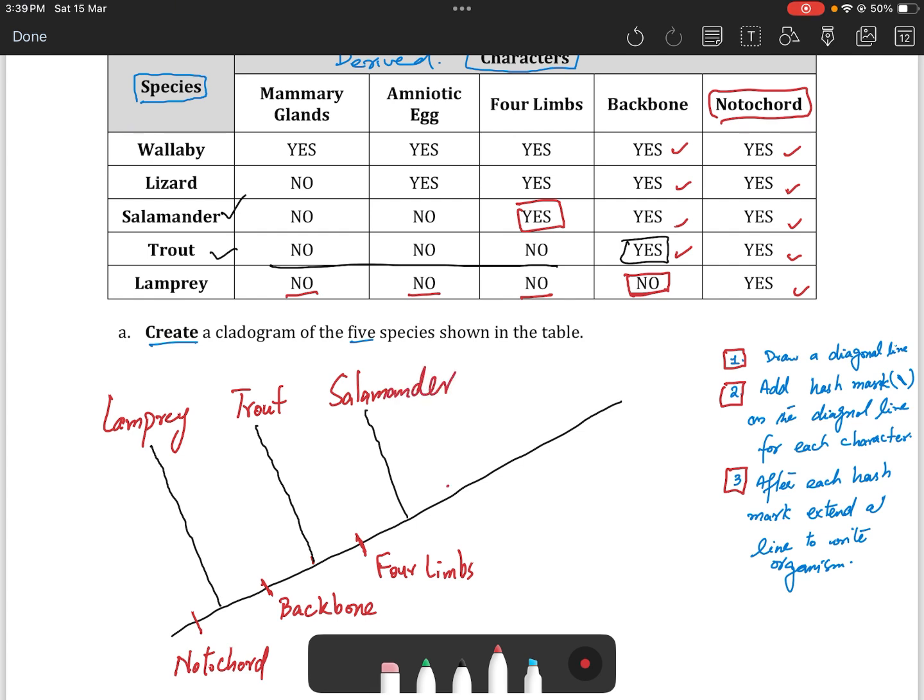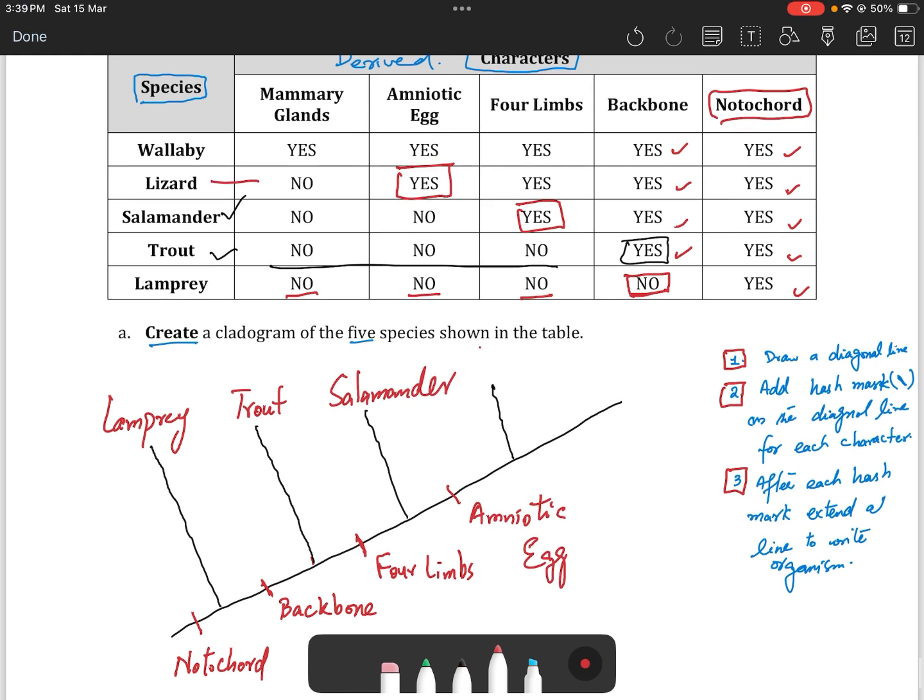Then we again mark a hash mark and we go with the yes from here, that is amniotic egg. Extend the line and put the name of the organism who has amniotic egg. It's the lizard. And the last hash mark, of course, you are going to do over here, mammary glands.